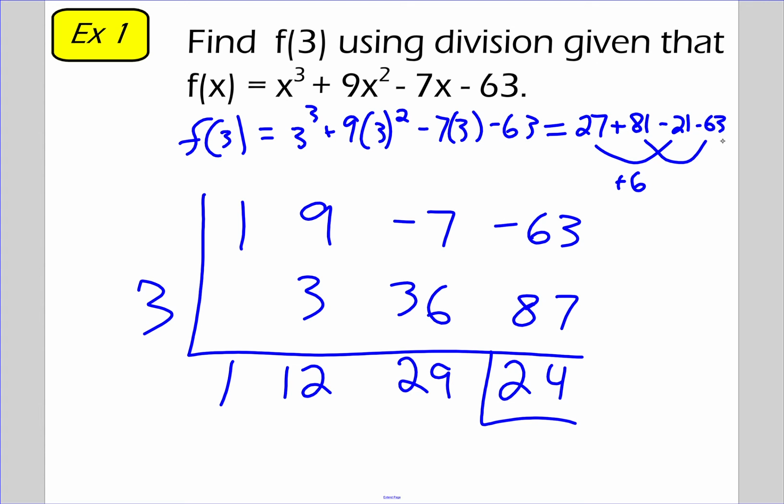And 81 minus 63, we're going to get 18, and when we add those together, we get 24. I know that was kind of weird there, but it was much easier just to multiply and add, instead of having to worry about several terms. And you can see this would be very useful, especially if you're dealing with higher degree polynomials.